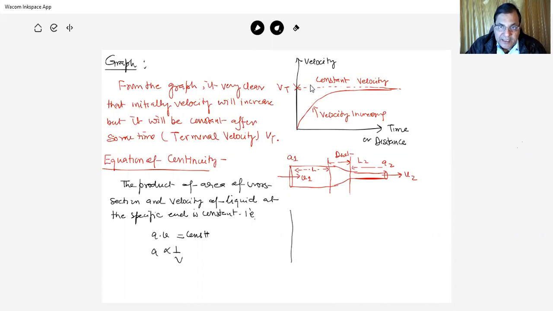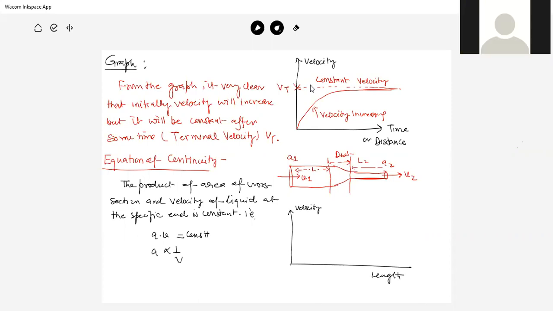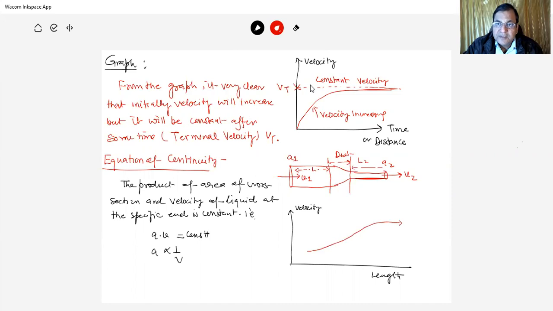So we can have a plot something like this. This one is length, and here it is velocity. If the area is wide, then velocity is low. So the velocity graph is again something like this. V1 is less than V2.